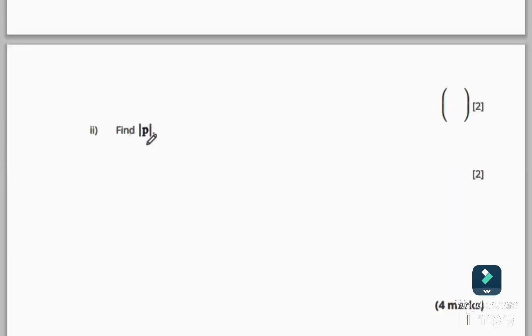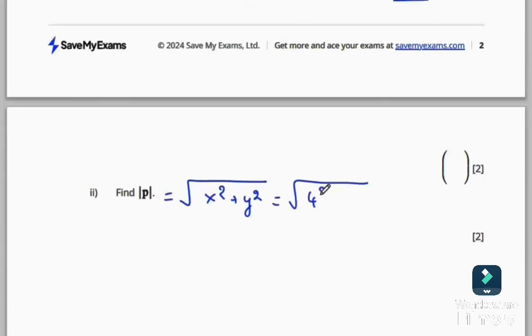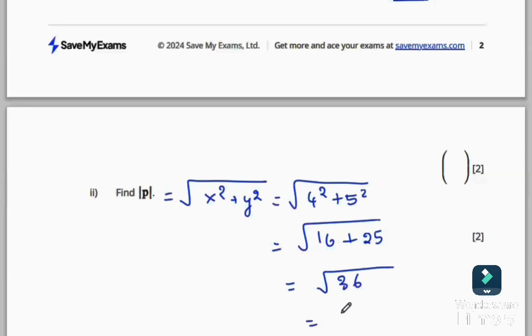Again, you need to find the magnitude of P, which is given by the square root of the x component squared plus the y component squared, which is 4 squared plus 5 squared. That will give you 16 plus 25, which is the square root of 41.